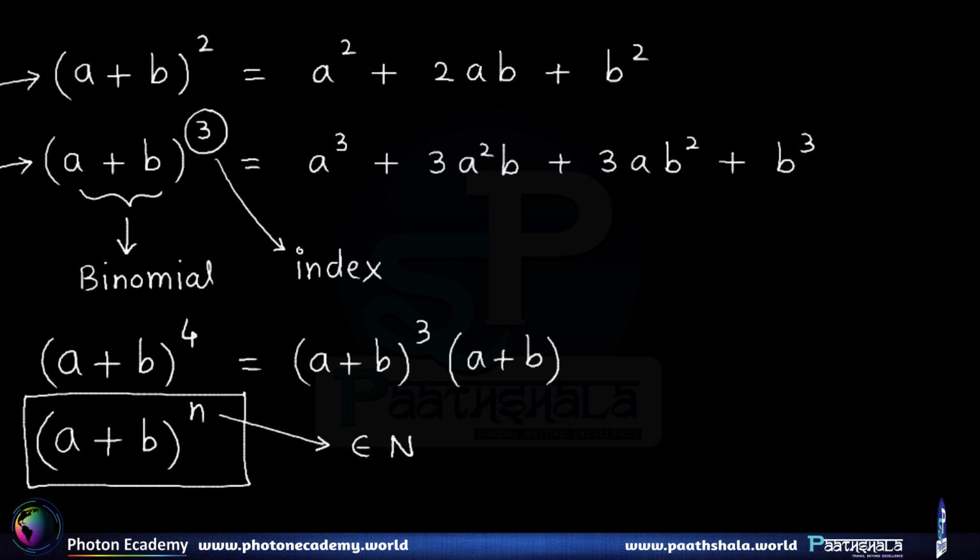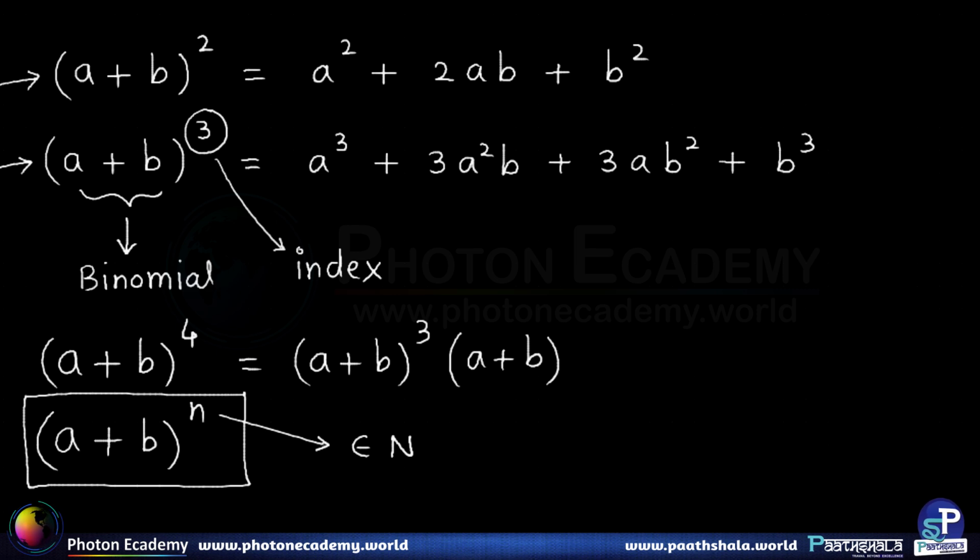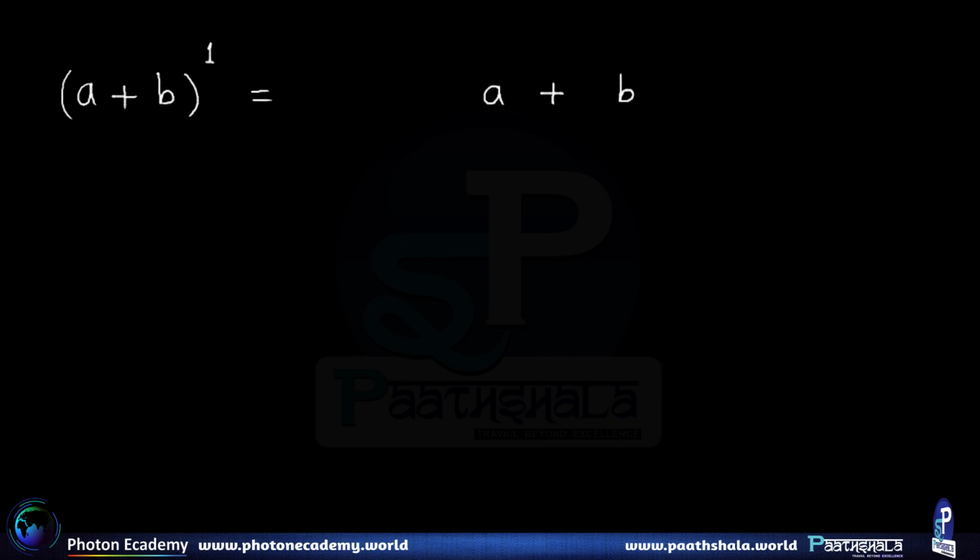Now once again, looking closely at the pattern that we have, let us rewrite starting with (a plus b) raised to 1. We know that of course that is equal to nothing but a plus b, not a big deal in that. But here I'm going to write the coefficients of the individual terms specifically. So here a plus b means 1a plus 1b.